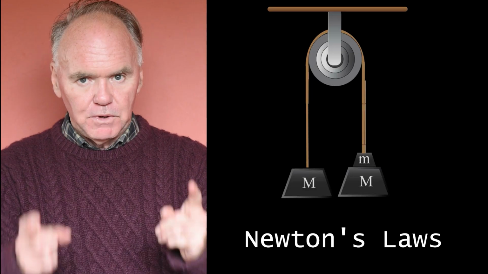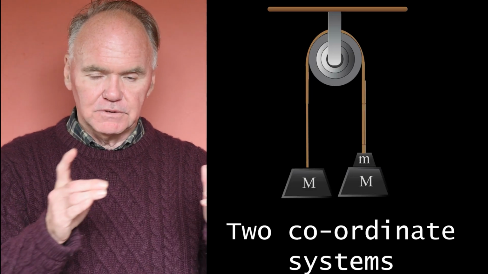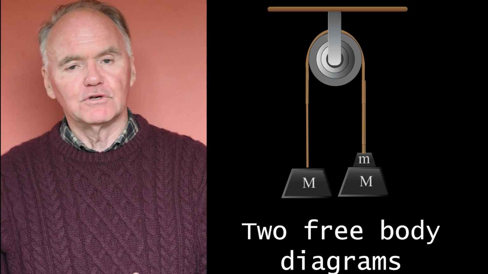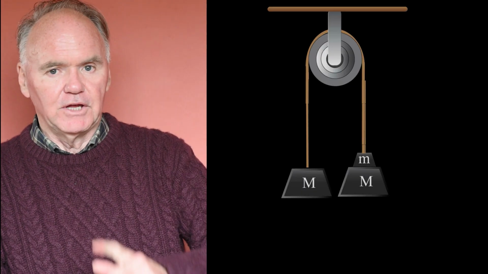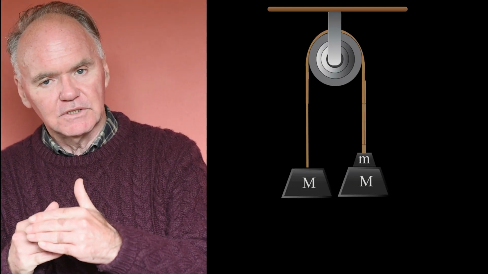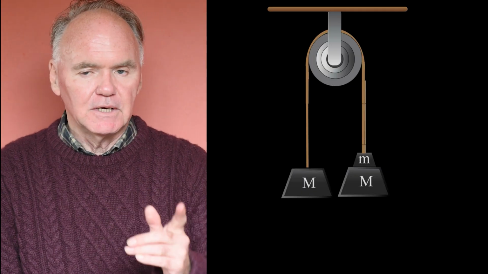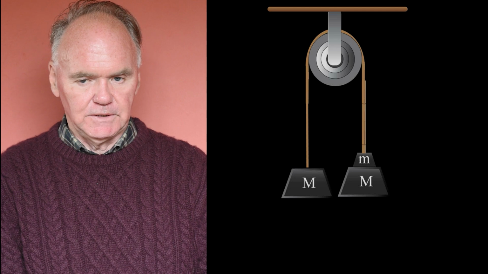And notice, we have two bodies. Therefore, we need two coordinate systems, two free body diagrams, and we apply Newton's law to both of these free body diagrams. Then when we have our simultaneous equations, one for each body, we can eliminate the tension, which is the same on both sides, and that will give us a formula for g.